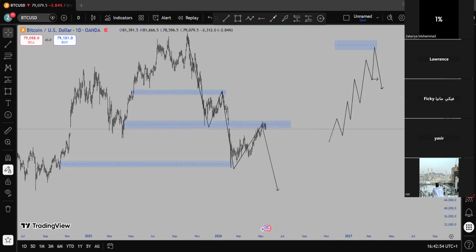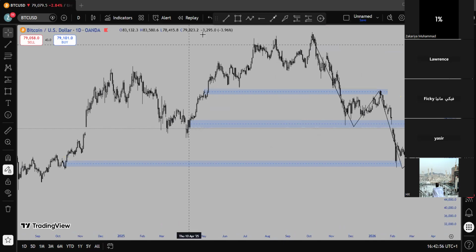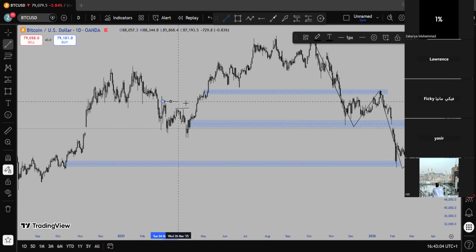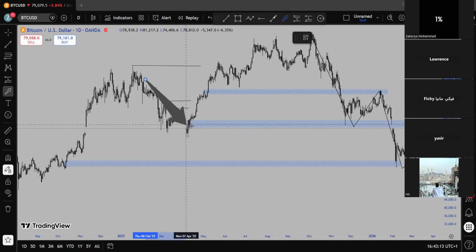Because it was an order block. Let's confirm it's an order block. To confirm it's an order block, it breaks this structure, if you can see. It breaks this high, it breaks another high, it breaks this high too. So we know that definitely this zone is an order block. There are a lot of institutional orders that caused all of this break of structure.